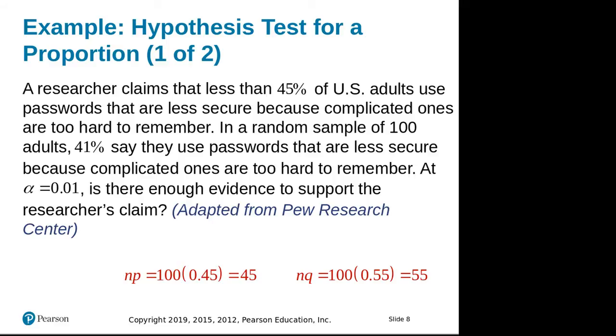Here, a researcher claims that less than 45% of US adults use passwords that are less secure because complicated ones are too hard to remember. So notice, I'm not saying what the mean or the average is. This is a percentage. That's what these proportion values are, percentage values. And so my p value here is 0.45.